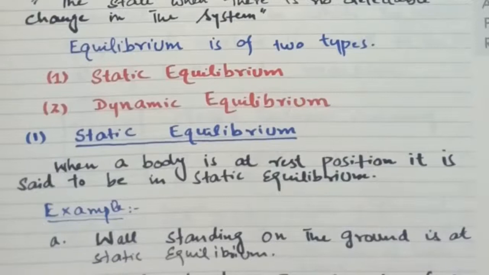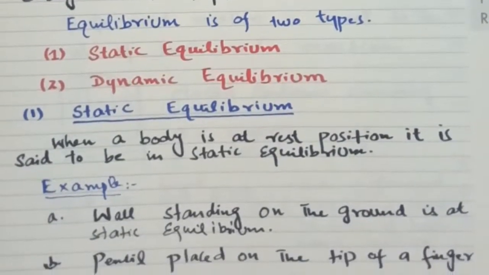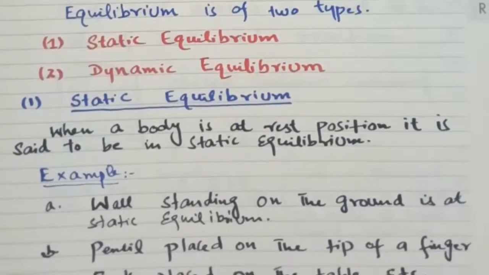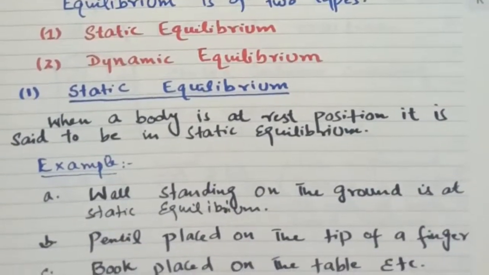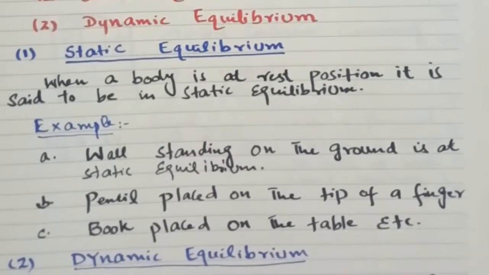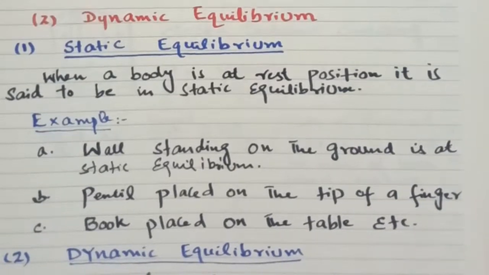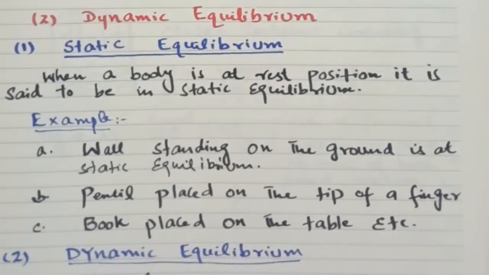For example, if we consider a wall which is standing on a floor or land, that wall is neither moving in one direction, nor tilting in the other direction, but it is standing at its own position in a stable way. This type of equilibrium in which a body is stable at its own position is called static equilibrium. Let's move to another example.